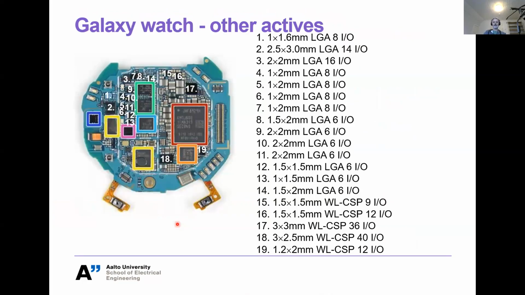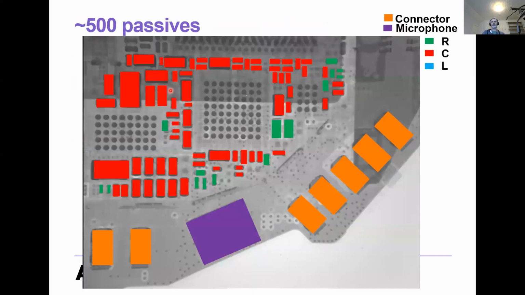And of course, in this product, we have also some other actives, smaller components, typically land grid arrays or wafer level chip scale packages. So in total, we have something like maybe 30 actives in this smartwatch. And then on top of that, as we can see in between the actives, there is a huge amount of passives, something like 500.